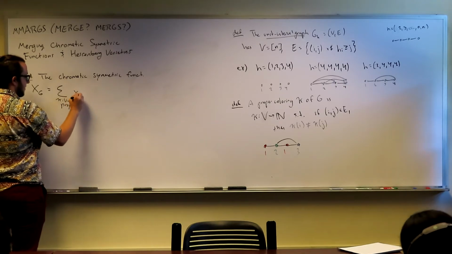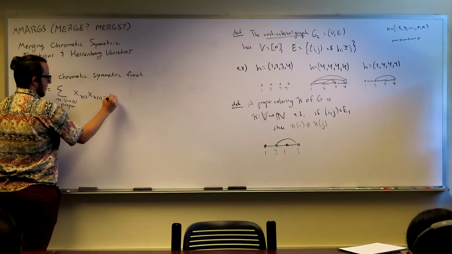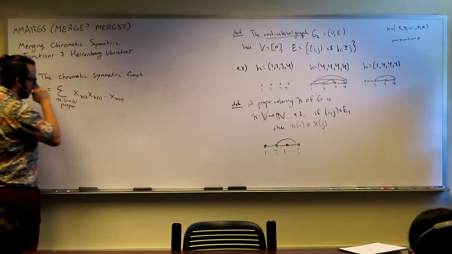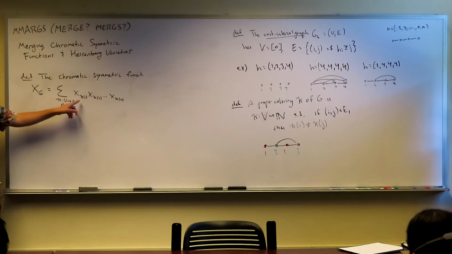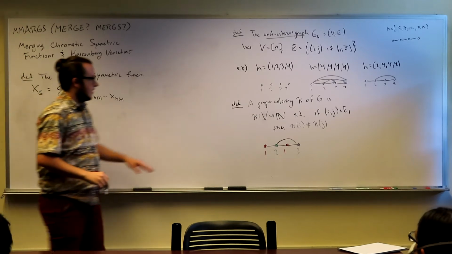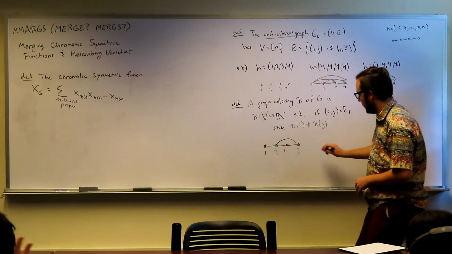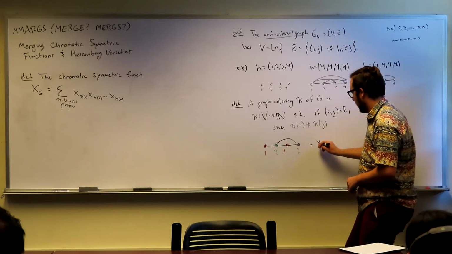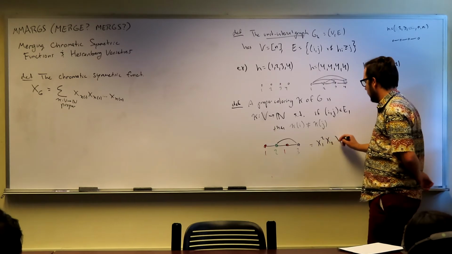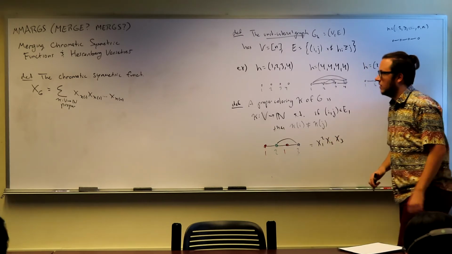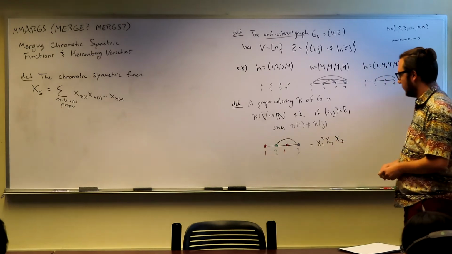And so we're going to have x kappa 1, x kappa 2, all the way through x kappa n. So you're just taking the product of x with the index corresponding to the color assigned to each vertex. So the monomial for this coloring, one of the summands of that sum, is going to be x1 squared, these have 2 vertices colored 1, times x2 times x3. And we're summing up over all possible proper colorings of this graph.